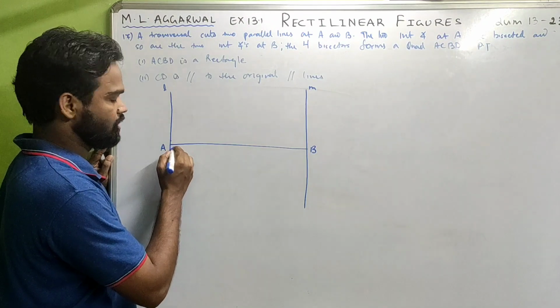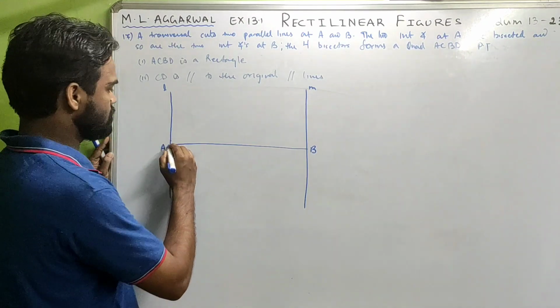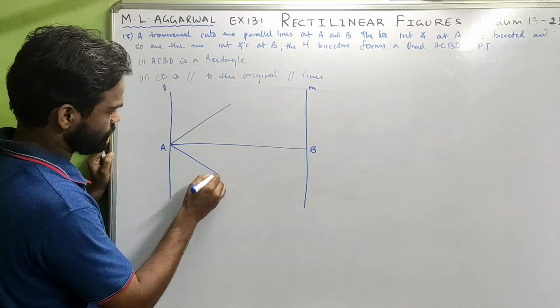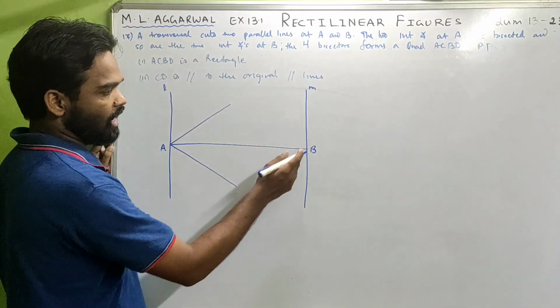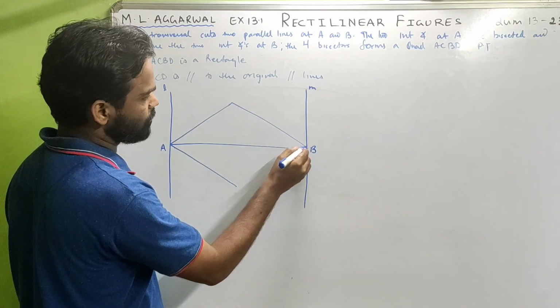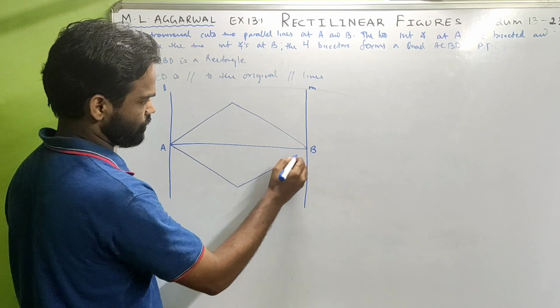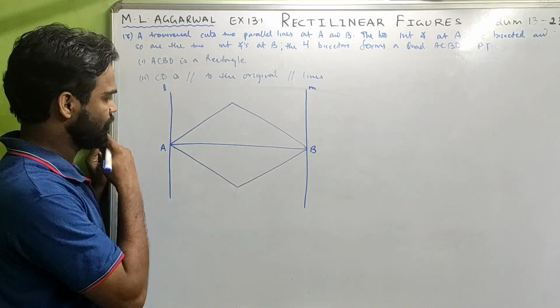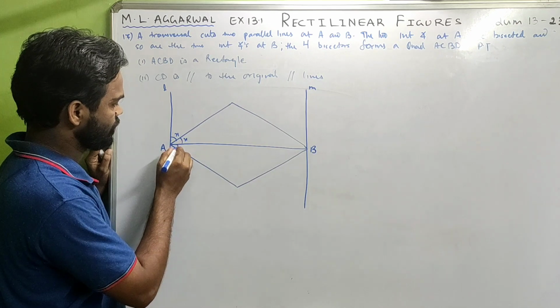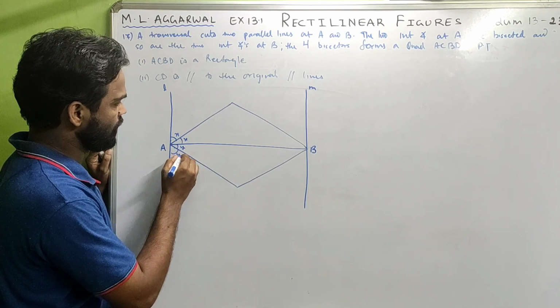Now at A, there are two angles, and both the angles are bisected, isn't it? At B also the two angles are bisected. Which means if this angle is x, this is x, this is y, this is y.